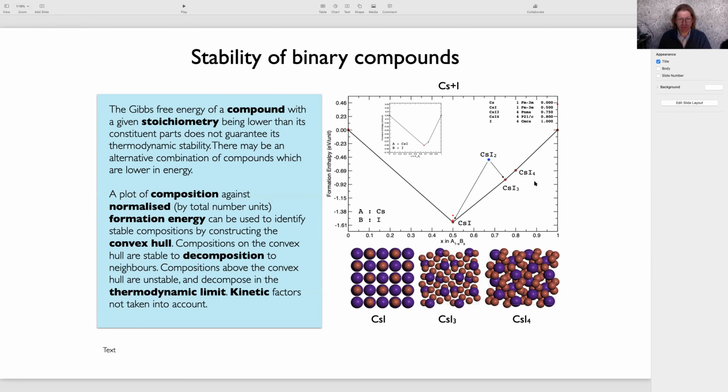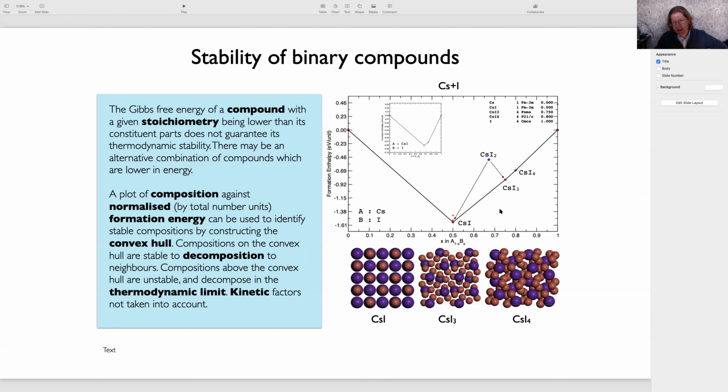So, for example, on the right-hand side here, I have computed a convex hull of a selection of compounds involving caesium and iodine. The procedure for doing this is that in your high throughput calculations, you calculate, let's say, the enthalpy, or it might be the Gibbs free energy, but in most cases it would be the enthalpy for each of these different crystal structures with different compositions.